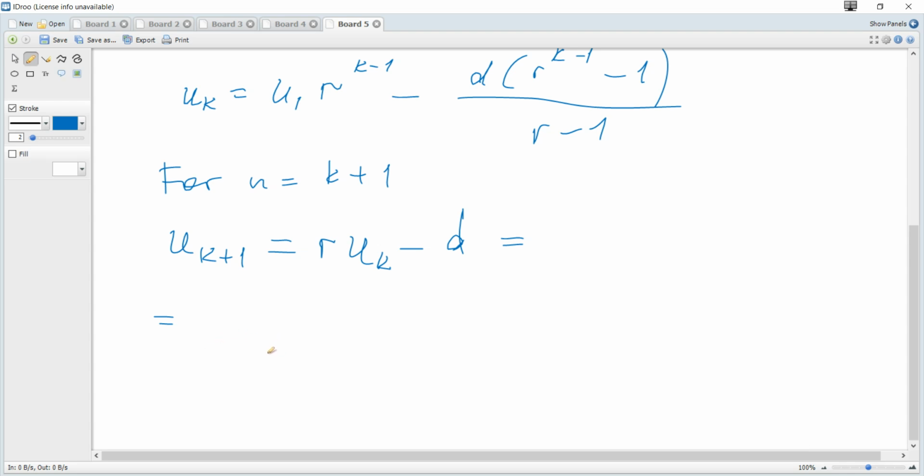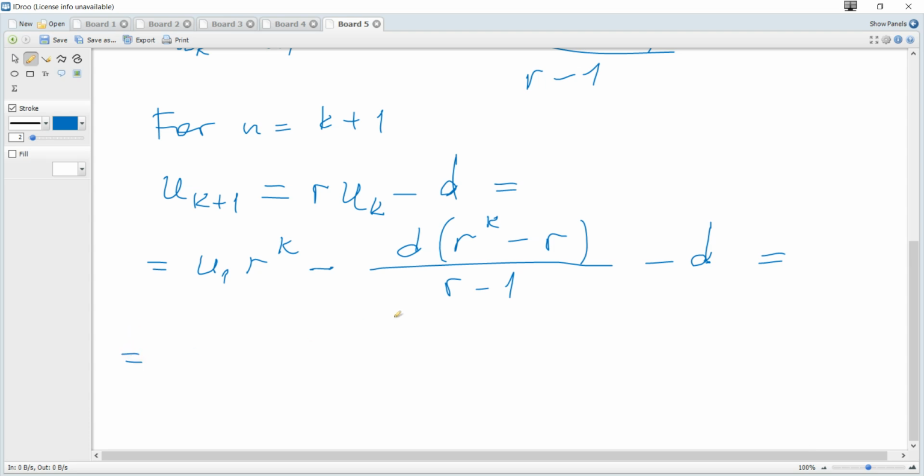that it becomes u1 r to the power of k, because r multiplied by r^(k-1) is just r to the power of k, minus d r to the power of k minus r. We just multiply this by r and divide by r minus 1, and this minus d.